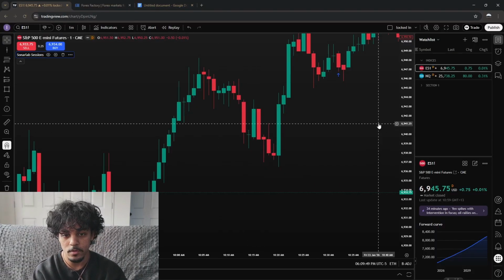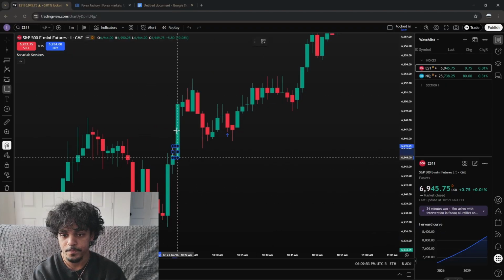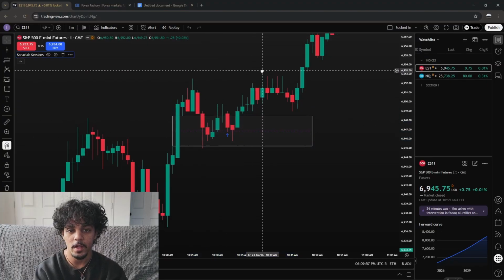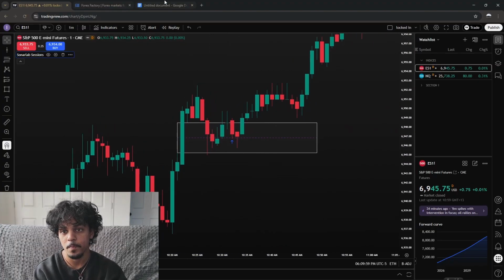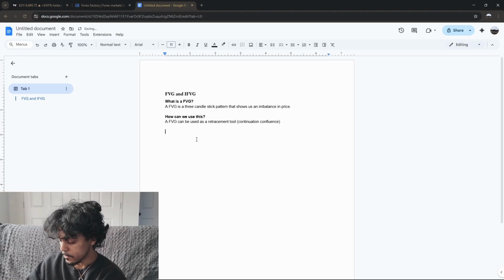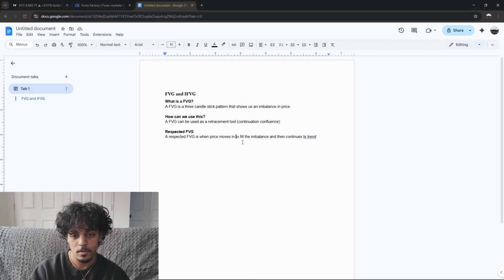Price always wants to come into the fair value gap, fill the fair value gap, and then continue moving up. And that is what we call a respected fair value gap. So a respected fair value gap is when price moves in to fill the imbalance and then continues its trend.